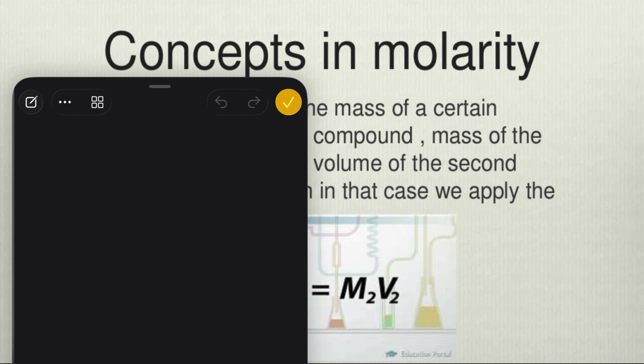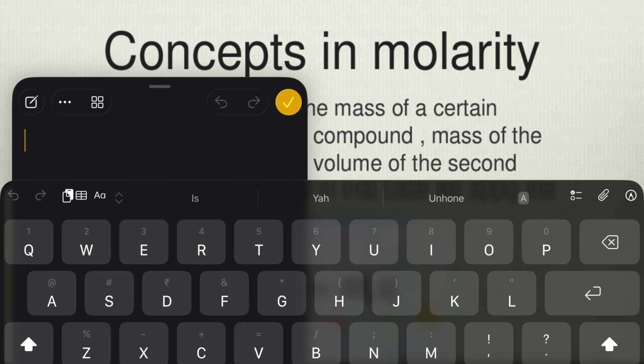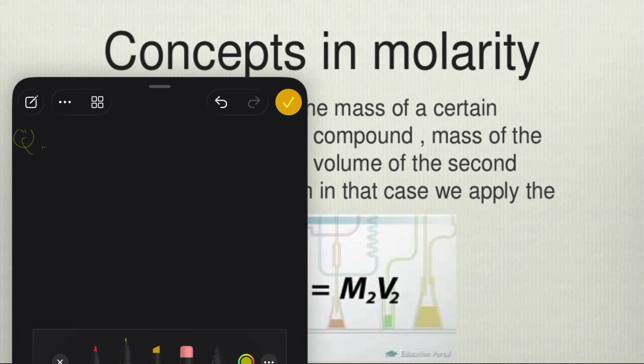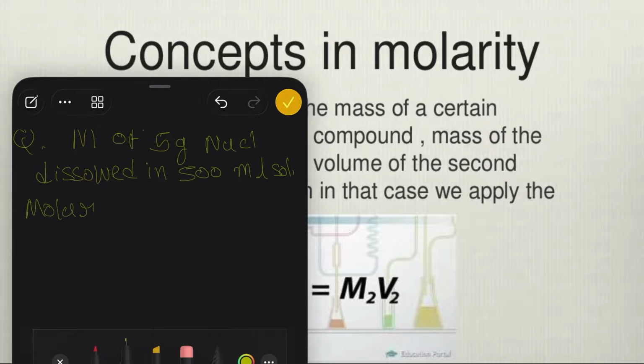Let's get one example also. Find the molarity of 5 gram NaCl dissolved in 500 ml solution, right? First, the molar mass of NaCl.